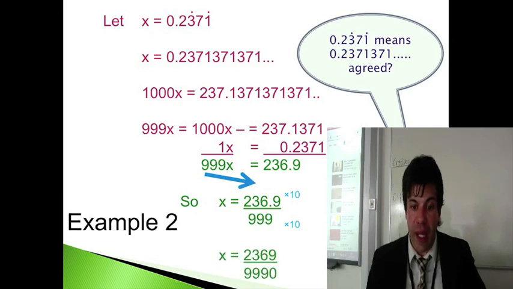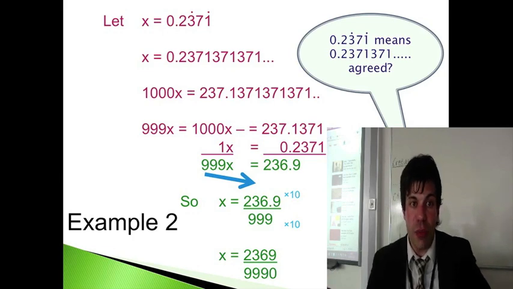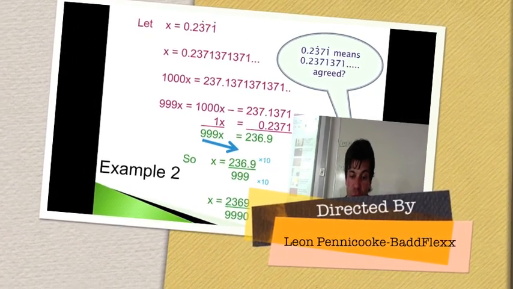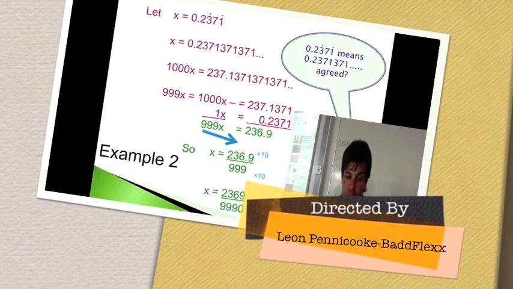So fraction x becomes 2,369 for the numerator and 9,990 for the denominator. In other words, the decimal 0.2371 recurring can be expressed as 2,369 9,990ths as a fraction.